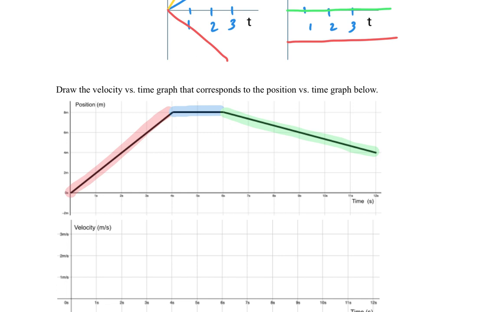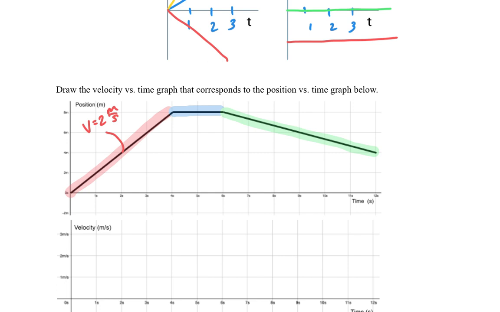Okay, let's take a look at this. Now, I can tell, and it's hard to tell because the print is really small, but hopefully you can tell that the velocity here is a constant velocity because it's a straight line. I can tell this by looking here, this is 2 meters in 1 second. So the velocity here is 2 meters per second.